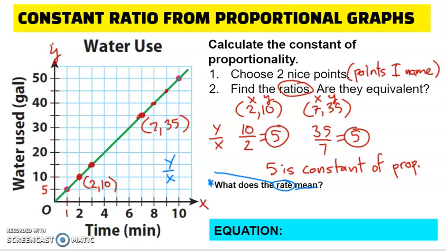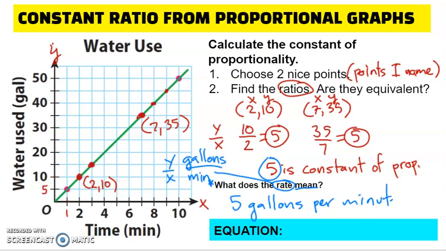I look at my axes and those will tell me. So this is gallons to minutes, gallons to minutes. Now I'm going to take that 5 and say it's 5 gallons per minute. That's what it means to tell me the rate in this story.